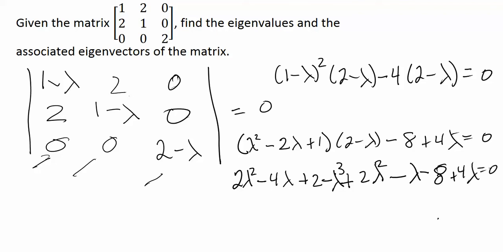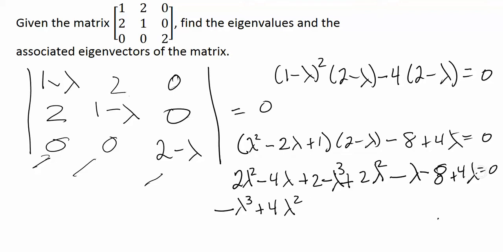So now let's gather like terms. We'll start off with minus lambda cubed, and we have a total of plus 4 lambda squared, and then how many lambdas?